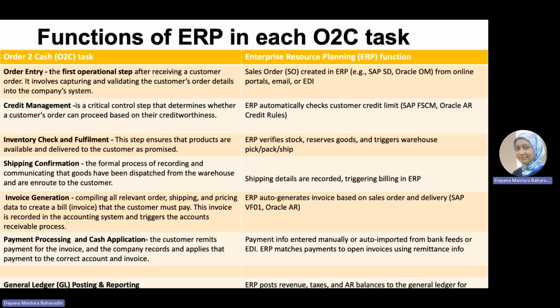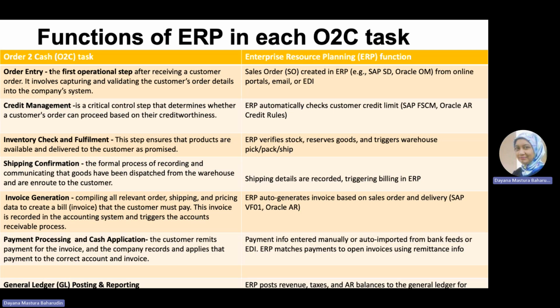Next, we look at invoice generation, compiling all relevant order, shipping, and pricing data to create a bill. A bill is the invoice that the customer must pay. So the ERP will auto-generate the invoice based on the sales order and delivery.